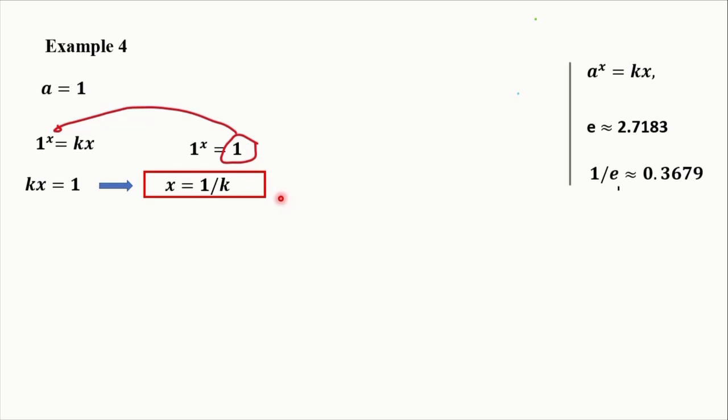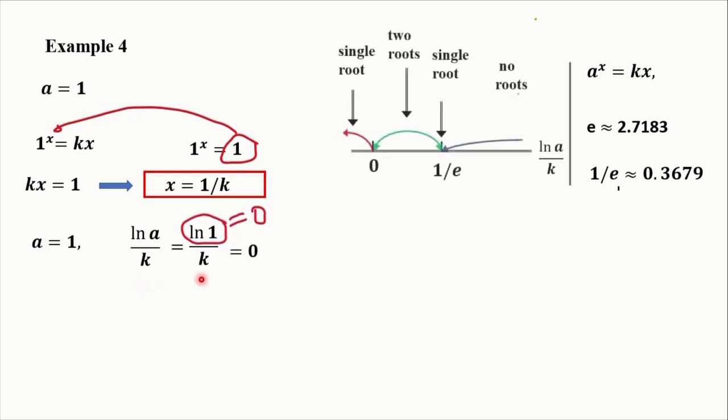To double check this solution, we will apply the procedure which was developed above. So we have a equal 1, ln a over k equals 0. On the diagram, we are at this point, so we have a single root in this case, and this single root is x equals 1 over k.